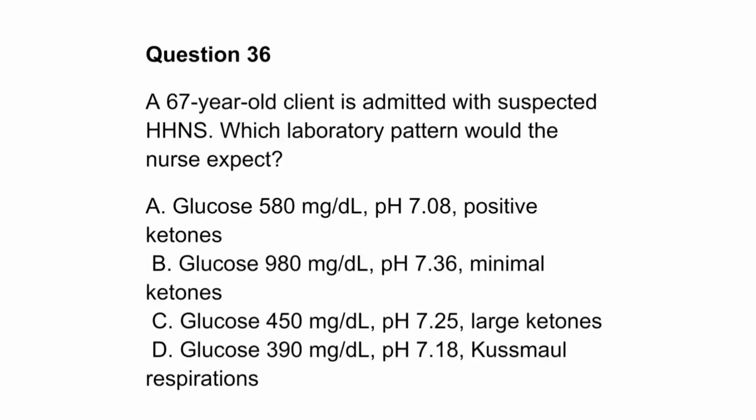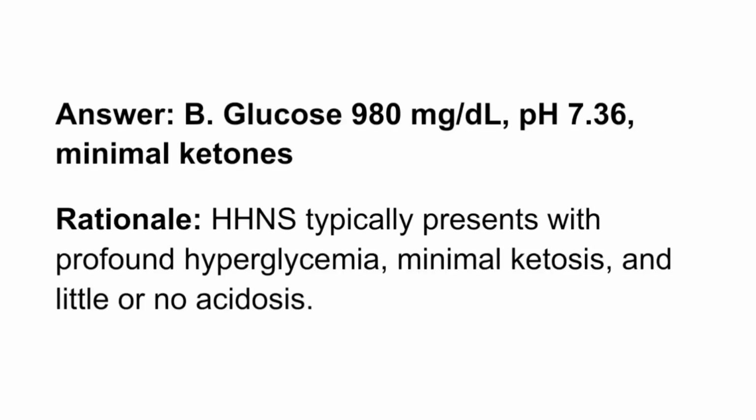D. Glucose 390 mg per deciliter, pH 7.18, Kussmaul respirations. Answer. B. Glucose 980 mg per deciliter, pH 7.36, minimal ketones. Rationale. HHNS typically presents with profound hyperglycemia, minimal ketosis, and little or no acidosis.